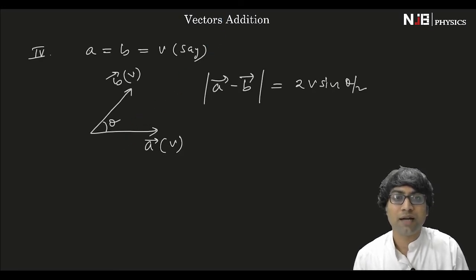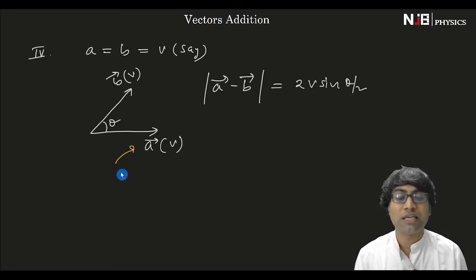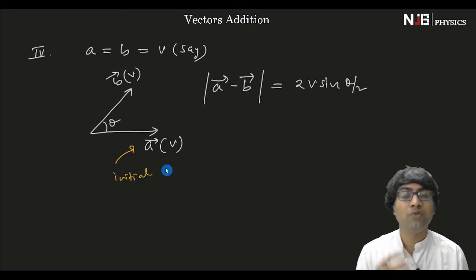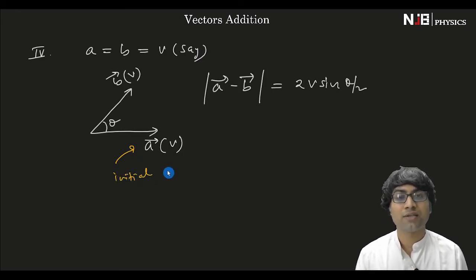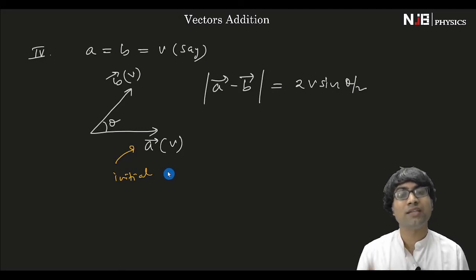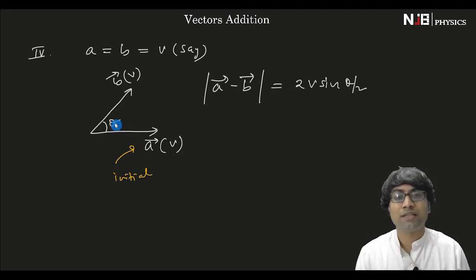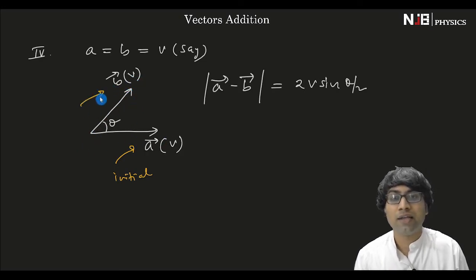So let's imagine that this is the initial vector, and now this vector is changing its direction, keeping its magnitude the same, that means let's say it has rotated by an angle theta. So it has now become a different vector, that is B vector, keeping the same magnitude as it had earlier, and therefore this becomes our final vector.